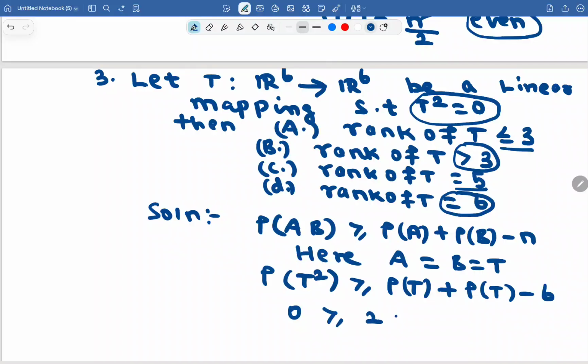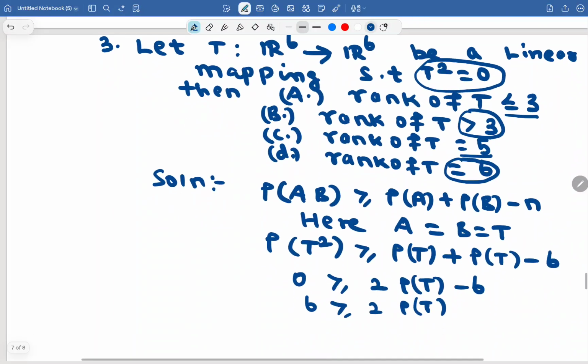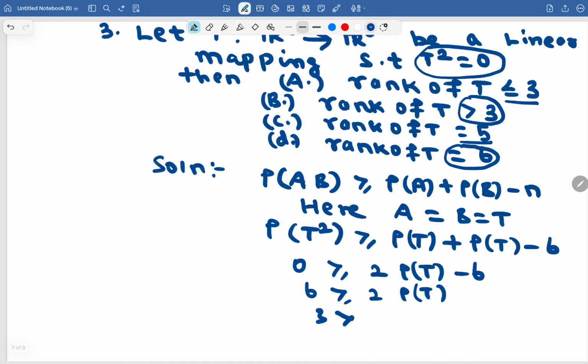So 0 is greater than or equal to 2 times rank of T minus 6. 6 is greater than or equal to 2 times rank of T. 3 is greater than or equal to rank of T. Rank of T is less than or equal to 3. For this problem, the first option is the correct option.